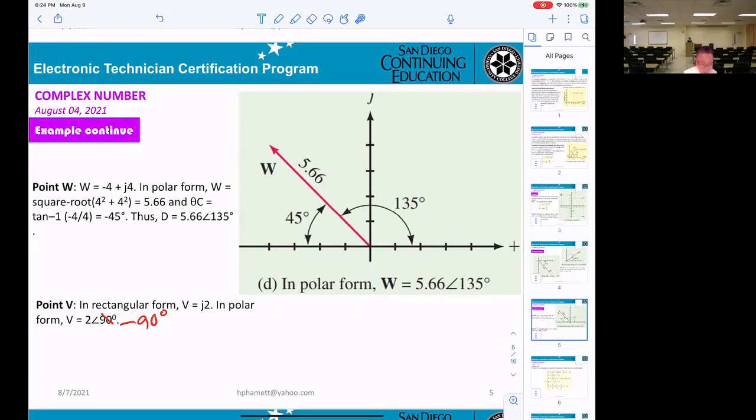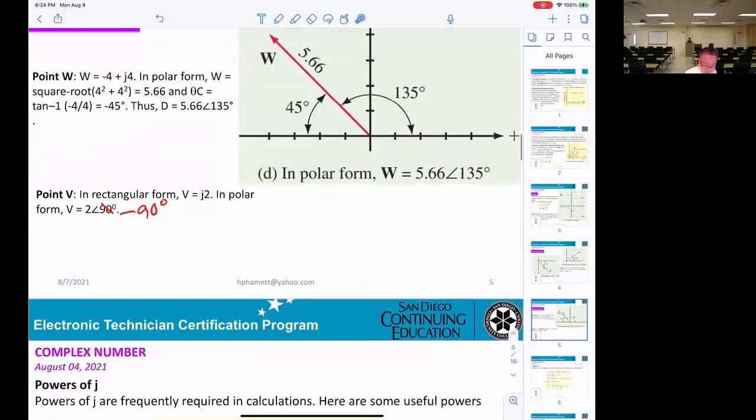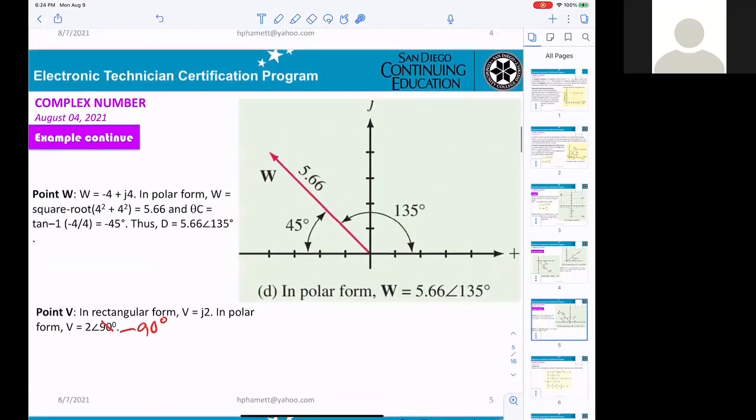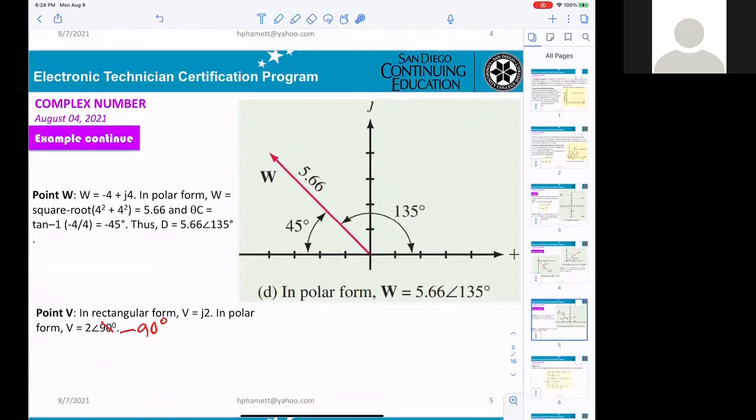When it's positive. Okay, I have a quick question on that one. Theoretically speaking, if it was instead minus 4 minus J4, would it be 5.66 at minus 135 degrees? 5.66 is correct for the magnitude.